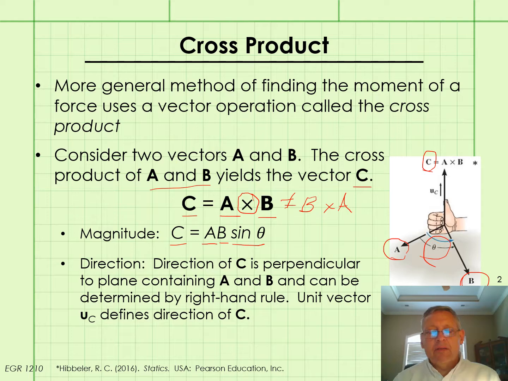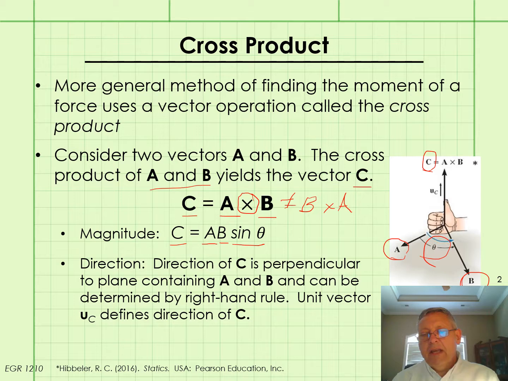Let's look at the direction of C. C will be perpendicular to the plane containing A and B, and its direction can be determined by the right-hand rule. So let's go back to our diagram.